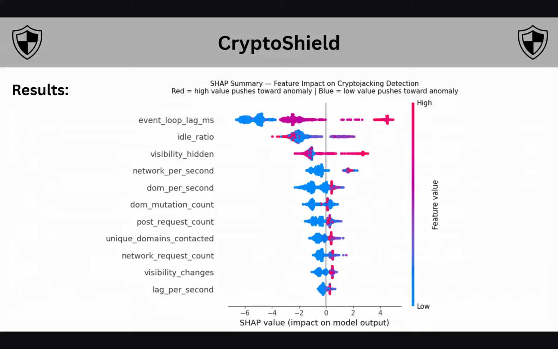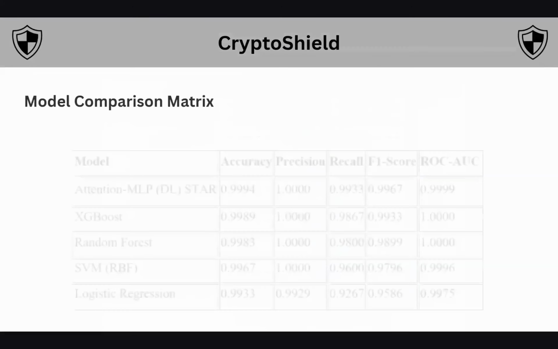Network per second: how many network requests were sent. The DOM API or DOM mutation: how many times the background event loops has started. Post request: how many times the page has sent a post request to a server. So we can see all of that, and we have trained our model on that.